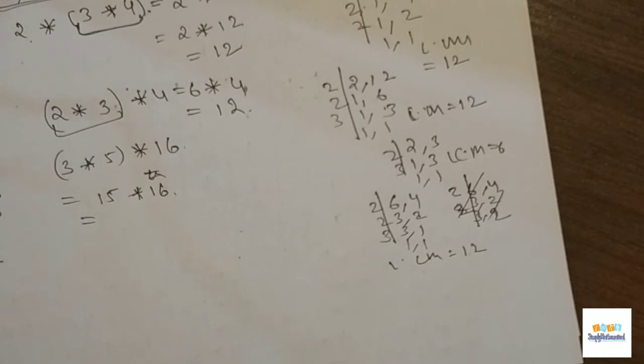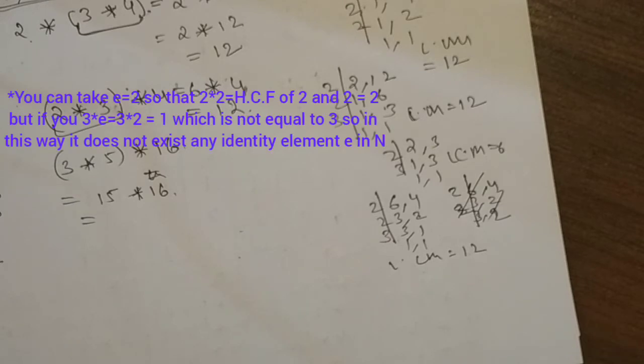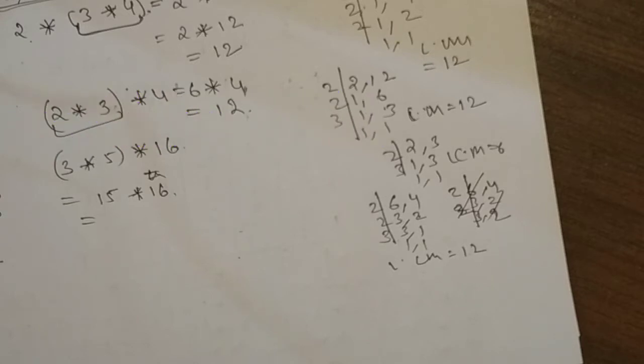Now why is it associative? Because the multiples you will take are multiples of all the three numbers. So that will be equal, I think, always. Let us see.